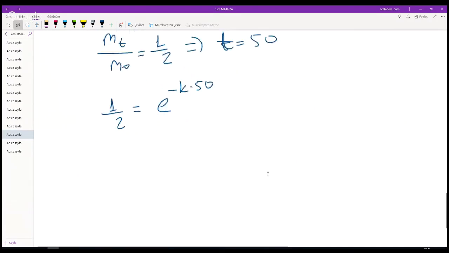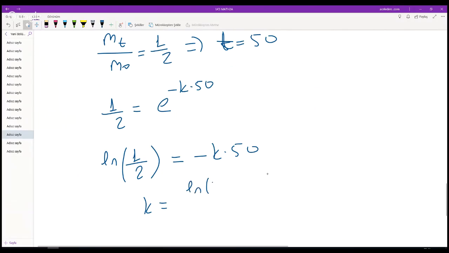Therefore, to find k, you still need the natural logarithm: ln 1 over 2 equals minus k times 50, so k equals ln 1 over 2 divided by minus 50.